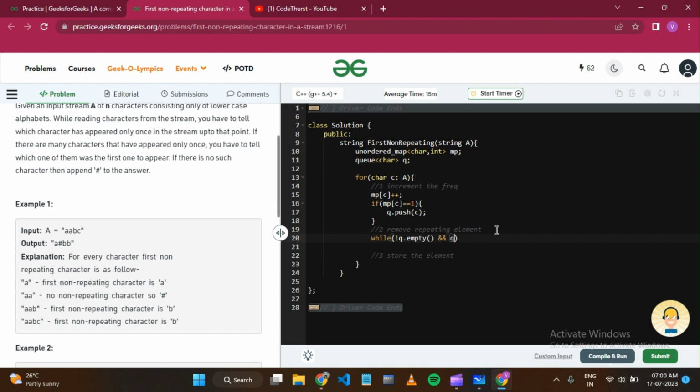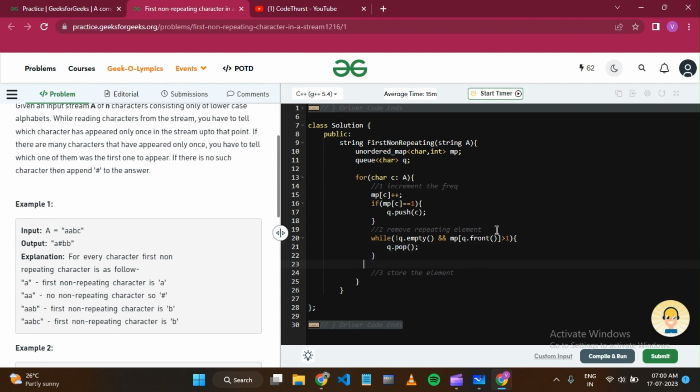So if the frequency of q dot front, MP of q dot front, is greater than 1, which means it is a repeating element, we will pop our element.